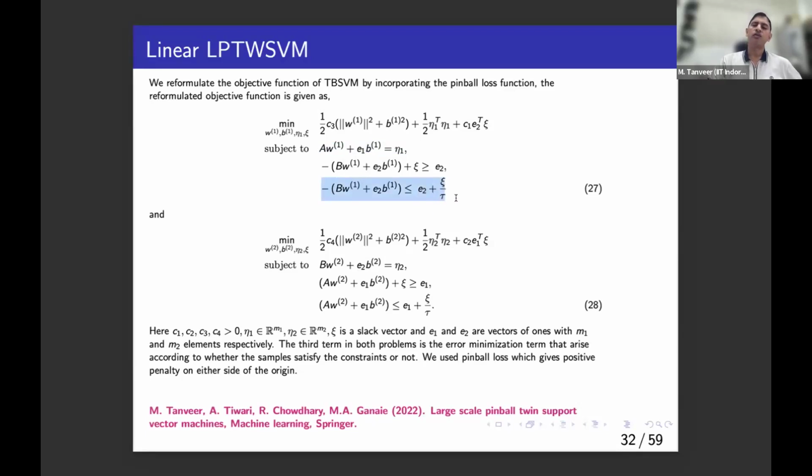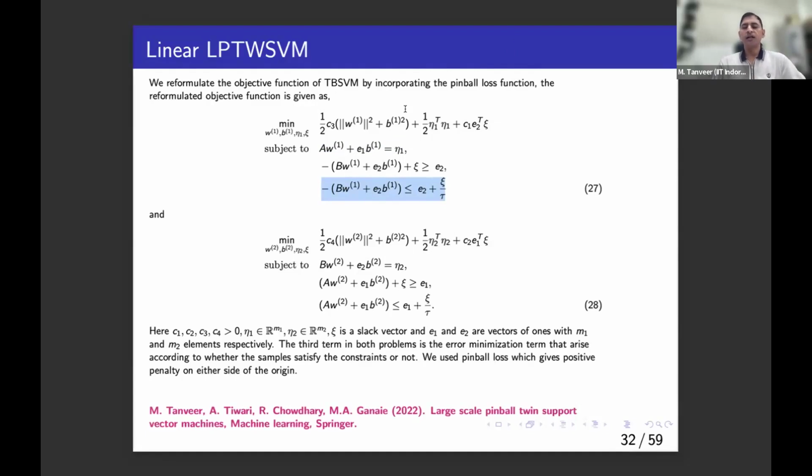If you see that when tau goes towards 0, this whole constraint is reduced to xi greater than or equal to 0. So essentially this whole formulation, when tau is tending to 0, is reduced to the twin bounded SVM algorithm.